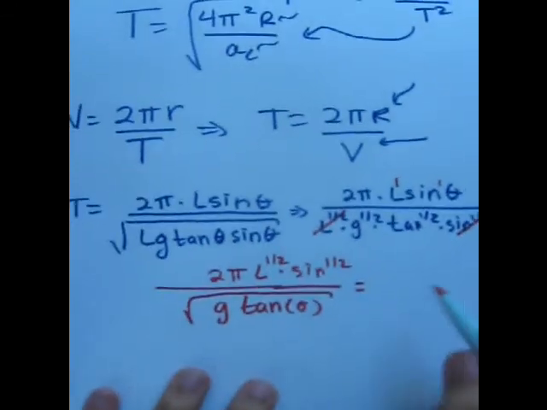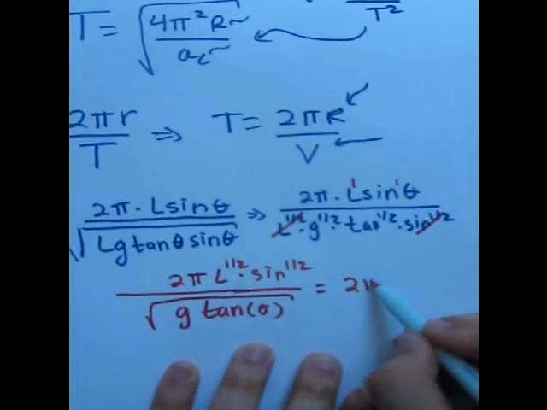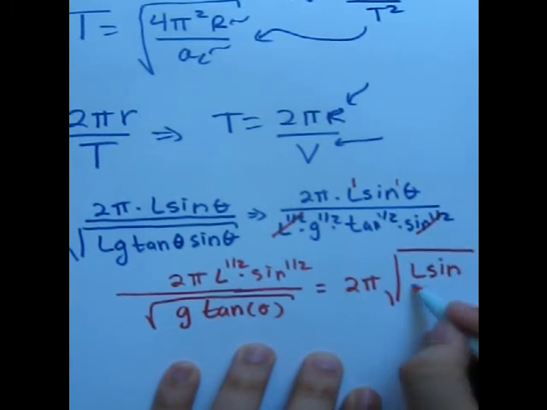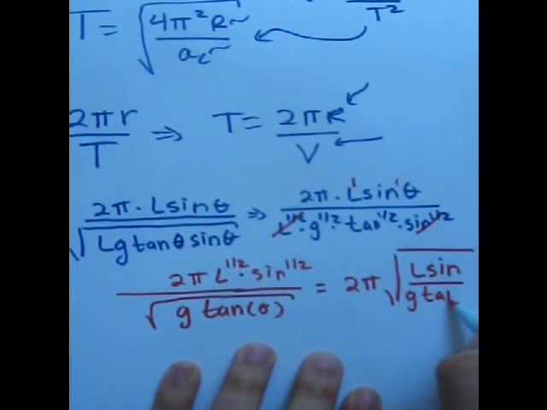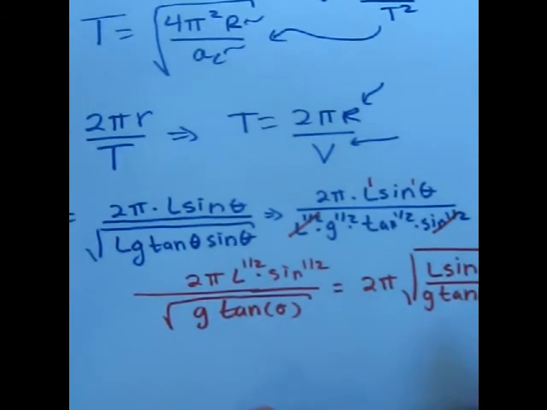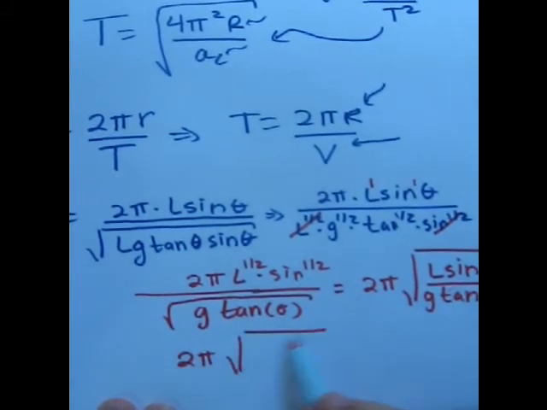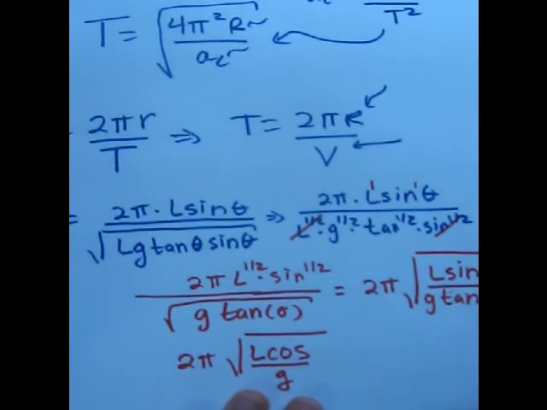So now I could rewrite this as 2 pi and the square root of L sine over G tangent. Well, we know that tangent is sine over cosine. Once we flip over tangent, we could cancel out our sine, so we will have 2 pi square root of L cosine over G. Remember, let me do that quickly.